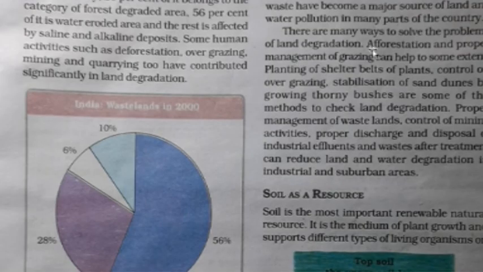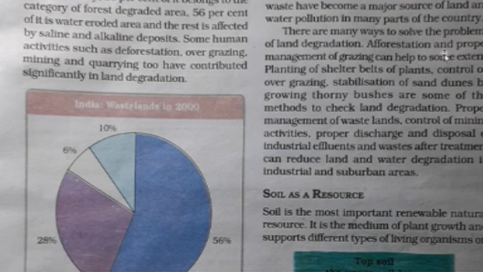So there are many ways to solve the problems of land degradation. Here it is giving the solutions. Afforestation and proper management of grazing can help to some extent.